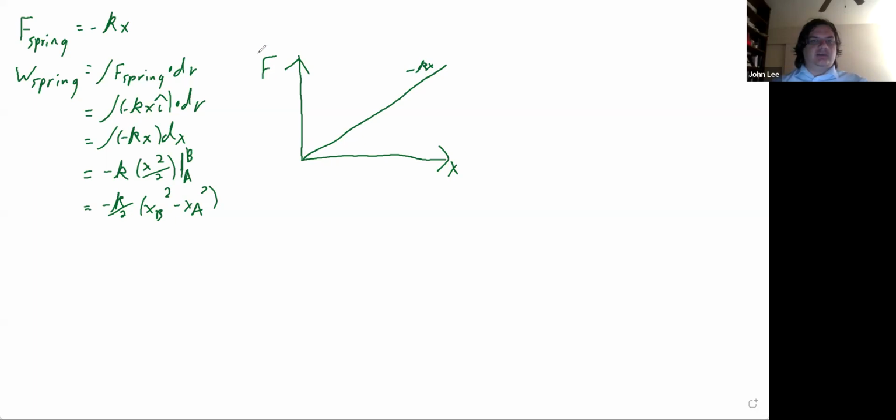So if you look at the absolute value of the force, it looks like this. And you can find the work done by looking at the area under this triangle. So looking at this area, which is 1/2 base times height, so 1/2 kx times x.